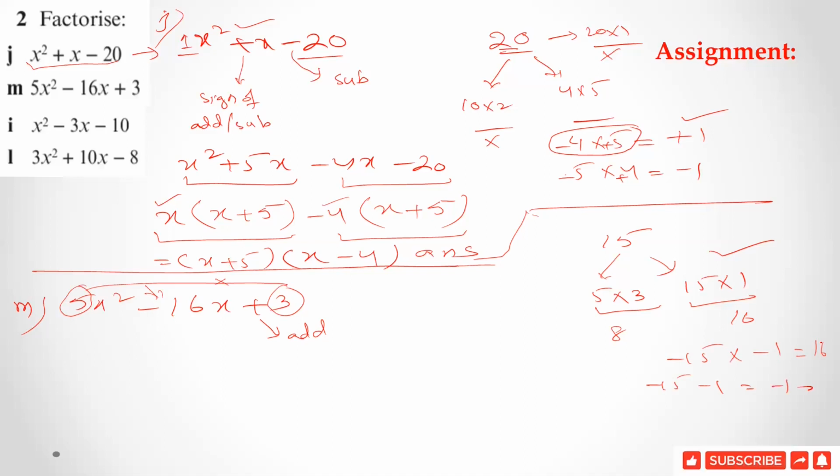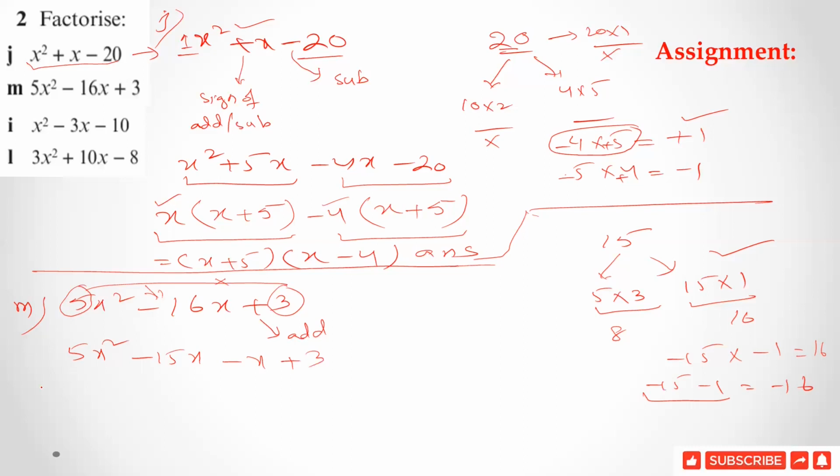It means I have to use these two. So I get 5x square minus 15x minus x plus 3. Why do I write minus x only? Do you know that? Because we never write 1 if it is coming along with a variable in an algebraic expression. But it is understood that it's -1 here.